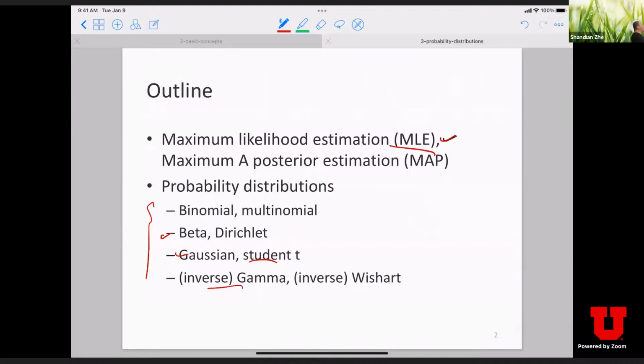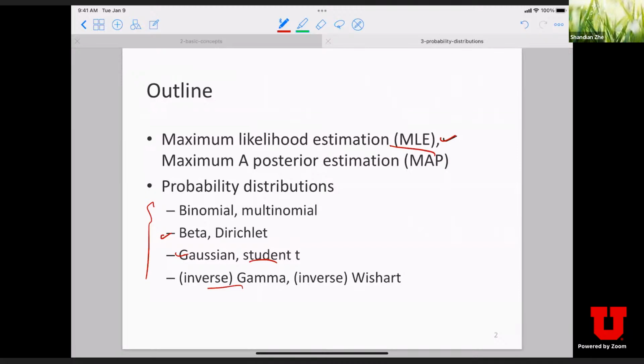For example, when we talk about the Gaussian distribution, we might talk about the mean and the variance. What if I want to place a prior distribution over the variance? You can use the gamma distribution. And if you use a multivariate Gaussian distribution, then you have a covariance matrix.